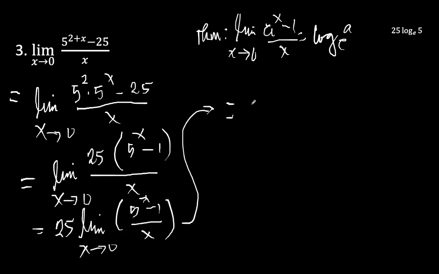Now, since the expression is already similar to the one that we have here, then we can now apply the limit, all right? Why? Because the exponent x is same as the denominator x. So here, the limit of this is equal to the logarithm of the base, which is 5, and of course, base e.